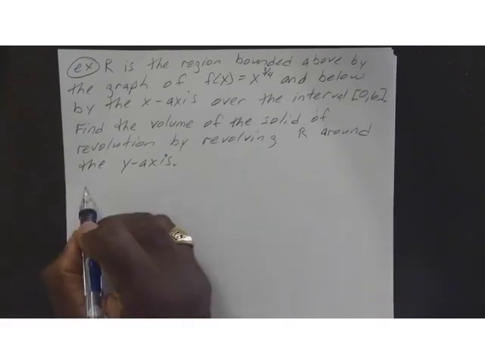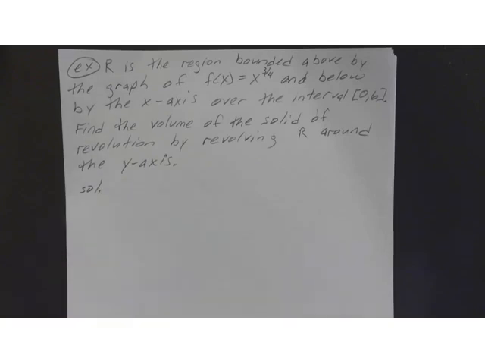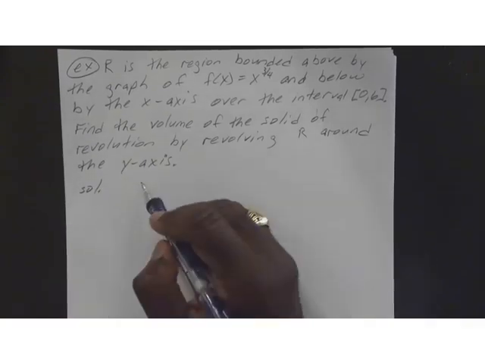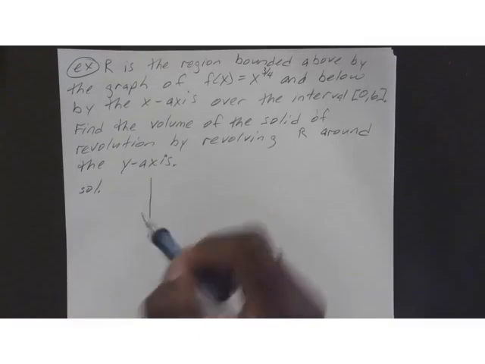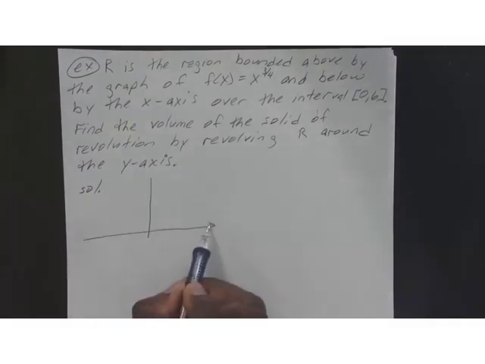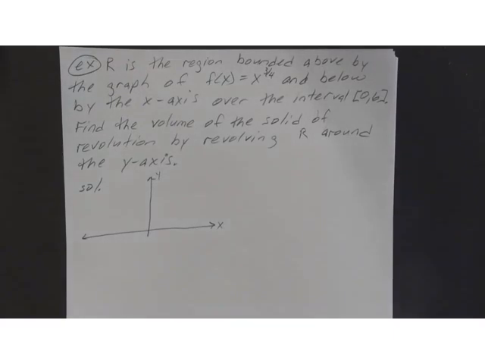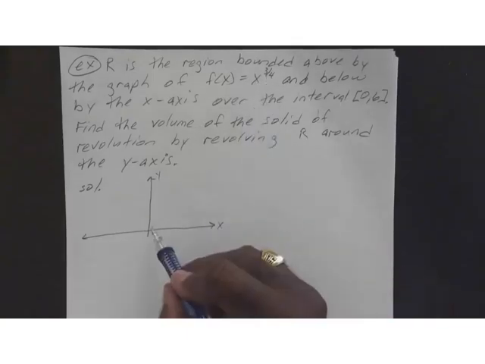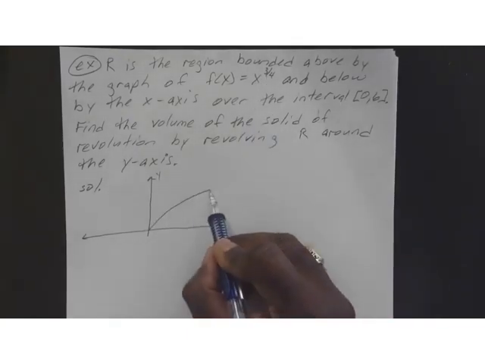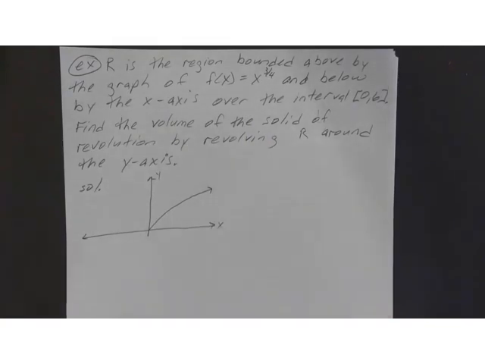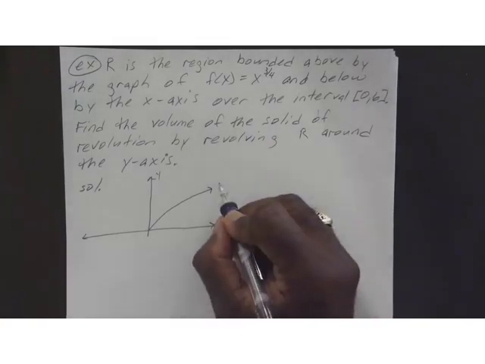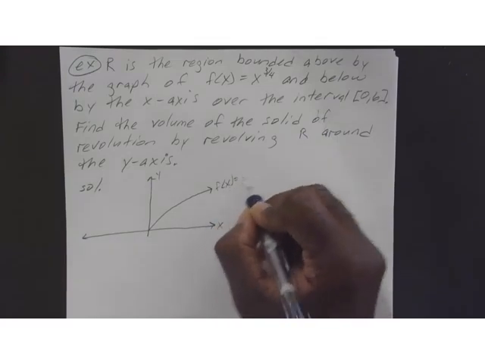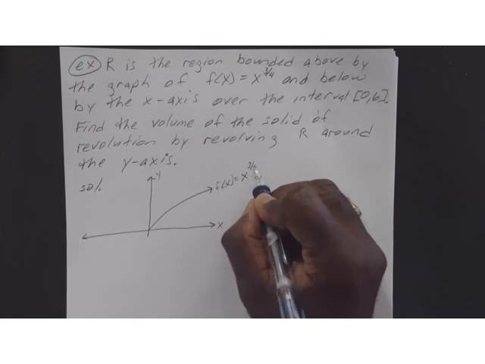So again, you don't have to graph it, but a lot of times it does help to know what you're solving for. Okay, so f of x equals x to the 3/4 power kind of resembles the square root of x function.